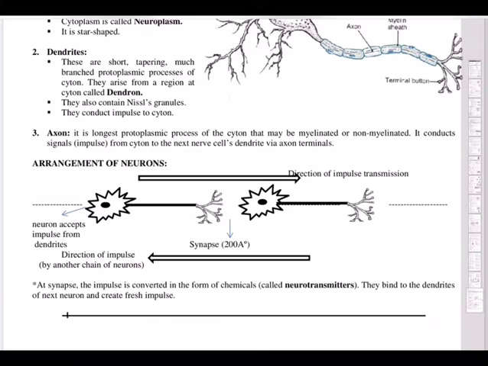Previously people thought that this 200 angstrom gap is an obstacle, like the obstacle course you practice in school, where you cross many obstacles. So people thought that this is also an obstacle in the nerve impulse. But then the latest research shows that it is an added advantage.